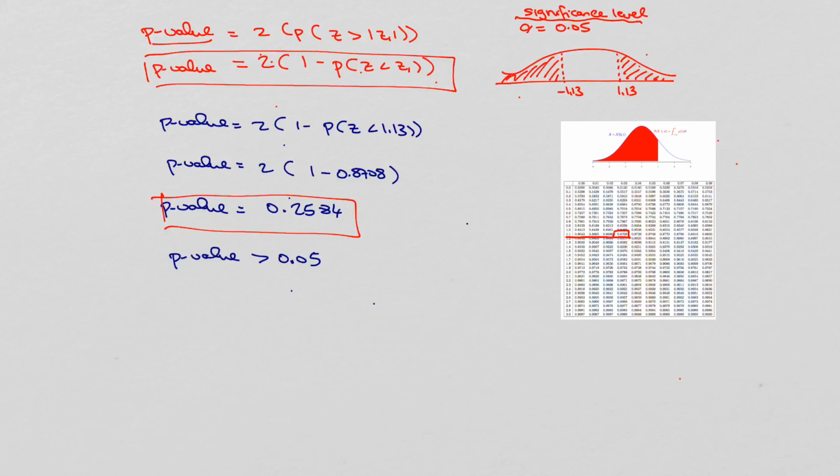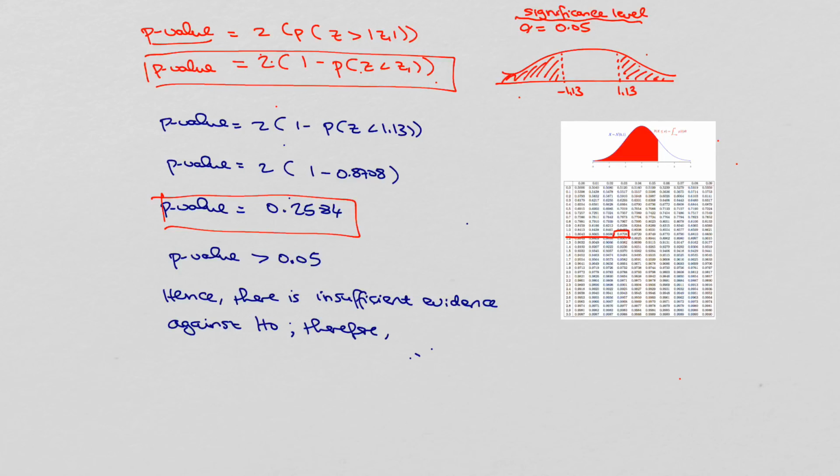Well, we say that there is insufficient evidence against the null hypothesis and hence, so we say therefore we fail to reject H0.